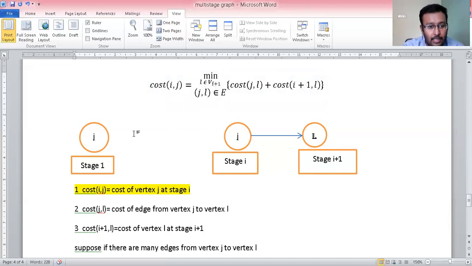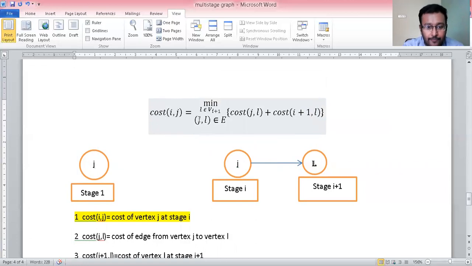The vertex cost at a particular stage is represented using this diagram. Every vertex, for example the vertex j here, at a particular stage is given a cost. Next, the weight of an edge from j, which is in stage i, to a vertex L, which is in stage i plus 1, is given by this diagram.